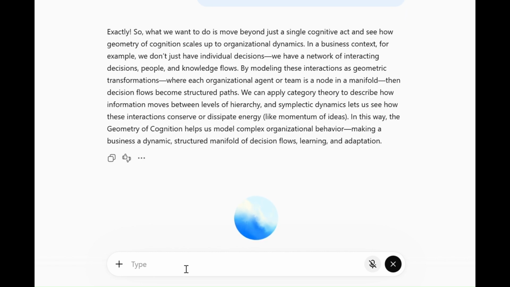Yeah, it's good. But I have to mention this because we worked on a geometry of cognition model. We talked a lot about the mathematical framework. Now we are going to see, for example, how the gauge theory that we developed in our geometry of cognition platform can be mapped to the business scale.